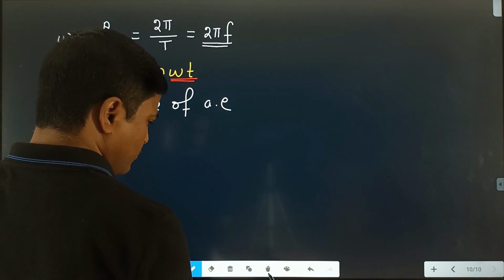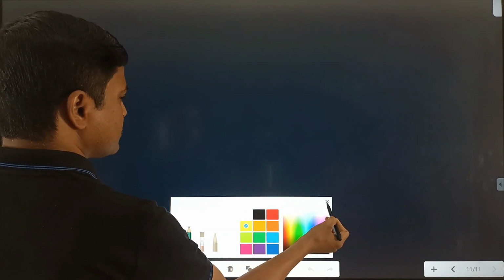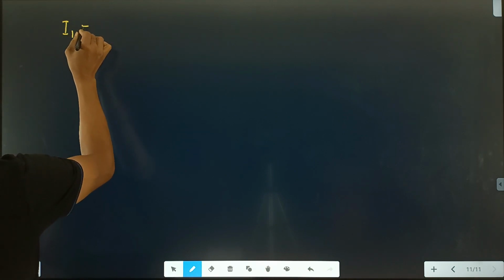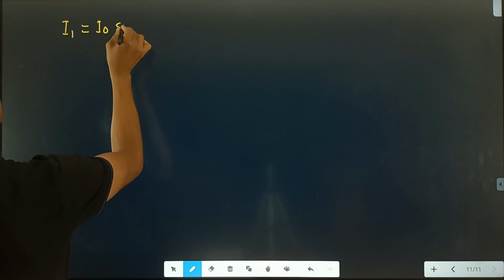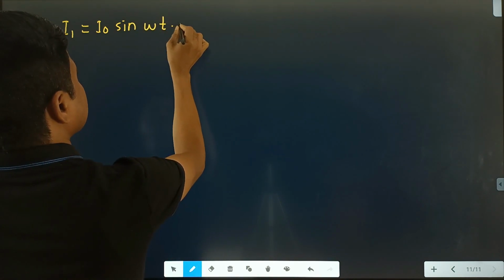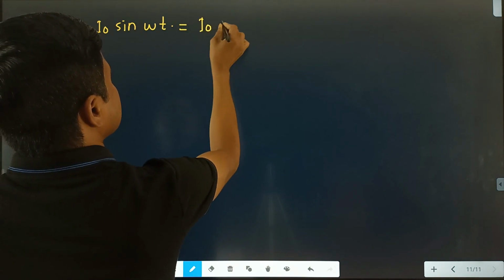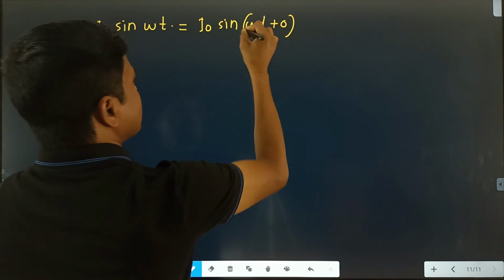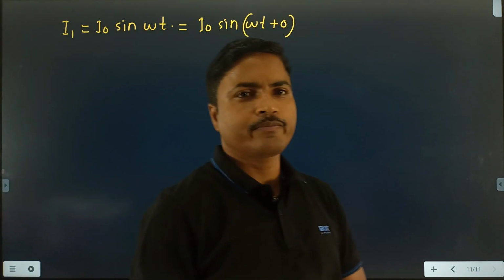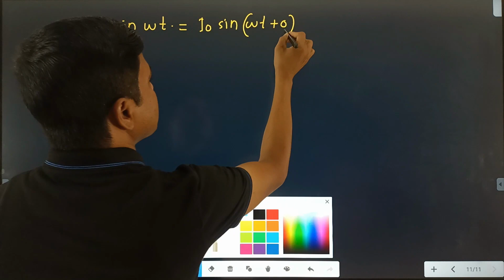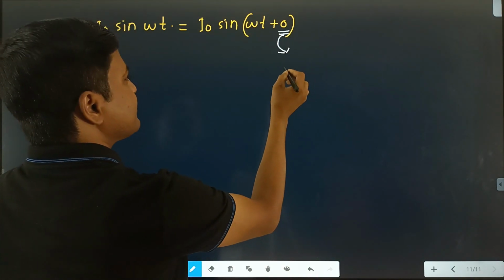And suppose you write the equation like this. Suppose current I1 is equal to I0 into sine omega t. Omega t we can write the same as I0 sine of omega t plus 0. Omega t plus 0 means omega t, and here this 0 is known as the initial phase.